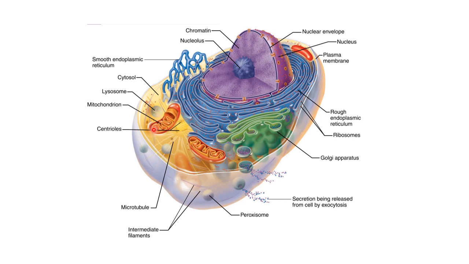The mitochondrion will produce adenosine triphosphate, which will then go out of the mitochondrion and interact with proteins of the cell as a source of energy. Okay? So that is our short review of basic cell biology.